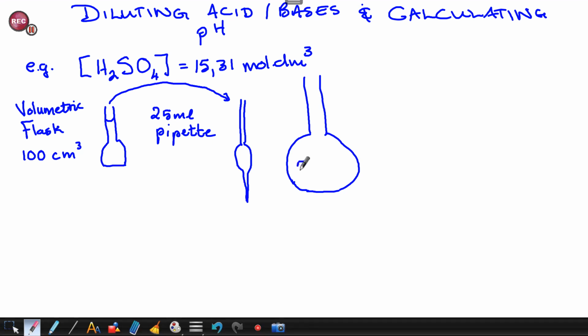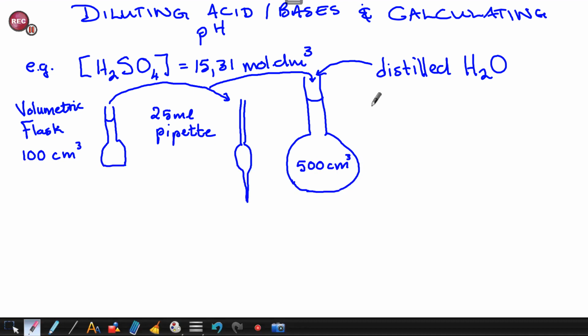Let's say it is written 500 cubic centimeters on there. This thing also has a marking. So the 25 goes from the pipette in there, and then we add some distilled water to make the volume up to 500. Yes. So you're diluting the solution of sulfuric acid.